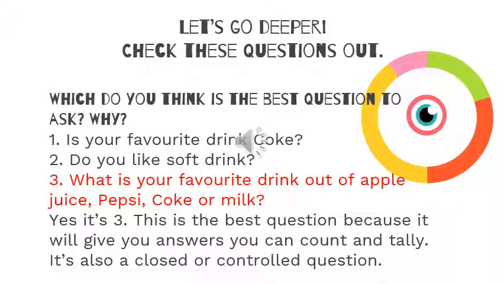It'll also give the person that you're asking the question a variety of answers to choose from, and it controls how many different responses that people can give. It's what's called a closed or controlled question.